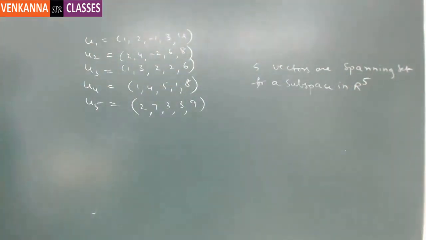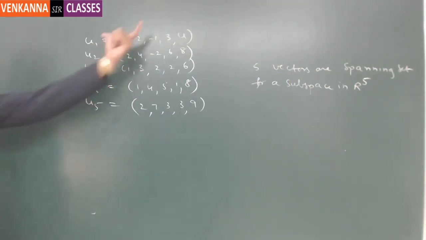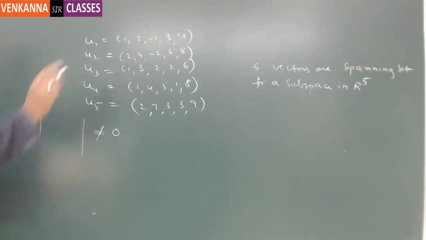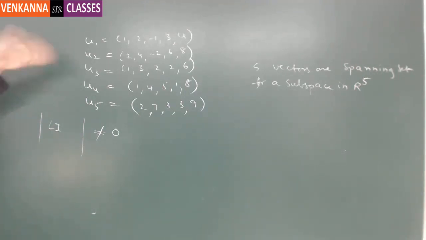because if you want to determine a basis for R^5, you simply write the 5 vectors in the form of a matrix. You calculate the determinant. If it is not equal to 0, therefore it is linearly independent, and by default the given set is a spanning set, so it becomes a basis. Here the 5 vectors given in the problem are a spanning set for a subspace in R^5.